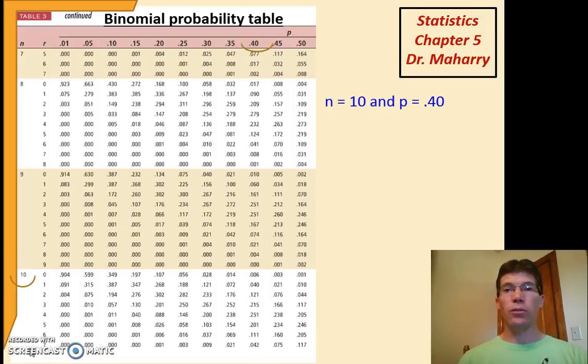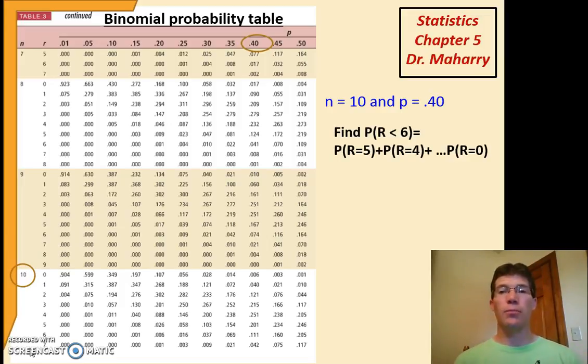Now the last one, we had the same situation, n is 10, p is 40%, but now it said, what's the probability that fewer than 6? If you think fewer than 6, that would be 5 or 4 or 3 or 2 or 1 or 0. If we were using the probability formula, I'd have to figure out the probability of 5, then the probability of 4, the probability of 3, etc., over and over and add all those up.